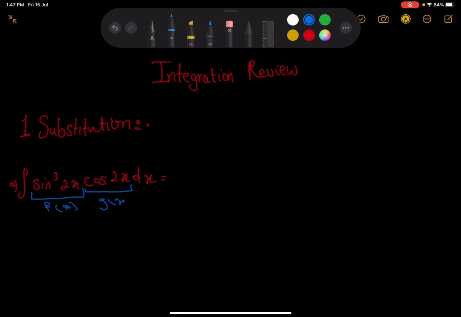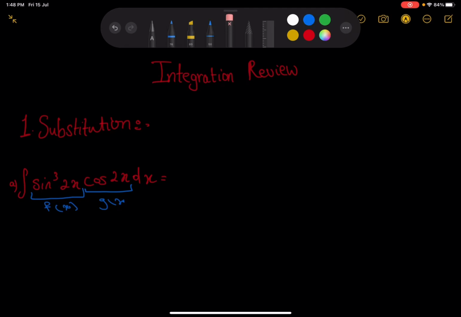Those are two functions multiplied by each other, and we cannot just separate the integration or integrate each one separately. This cannot happen, so we use the substitution method.